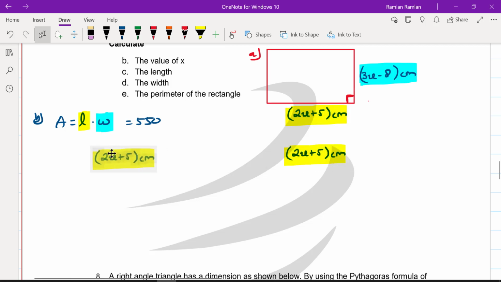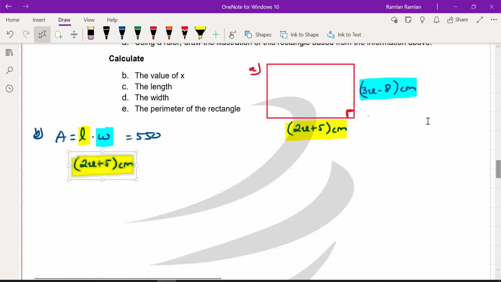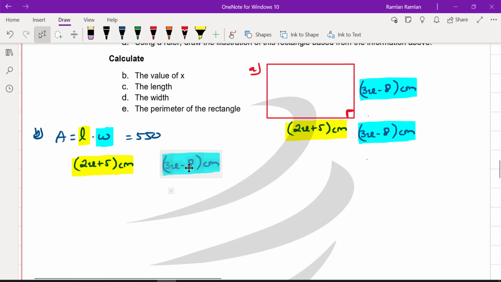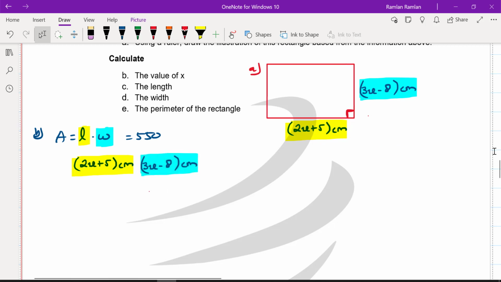Here we go. So that will be 2x plus 5, and the other one is this one over here, 3x minus 8. You don't really need to write down the unit for this one. So it's just those two things being multiplied and equal to 550.